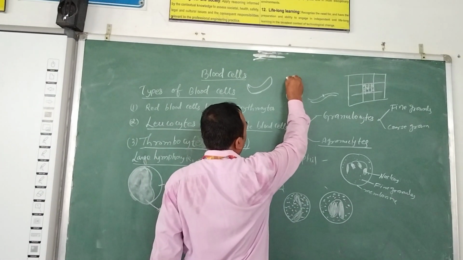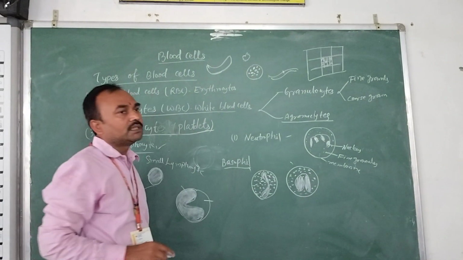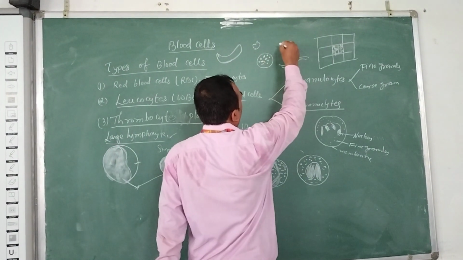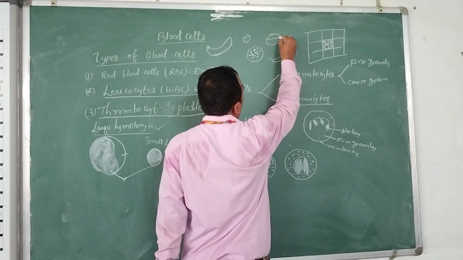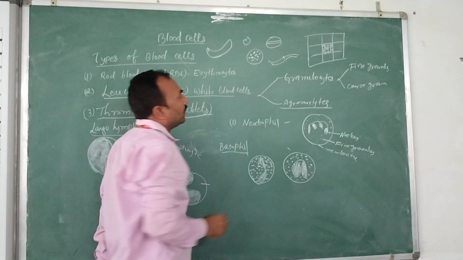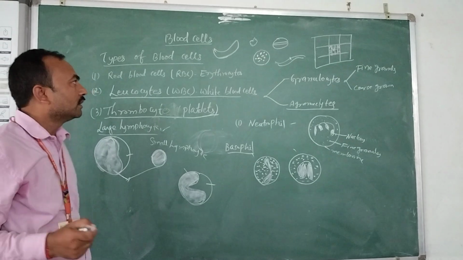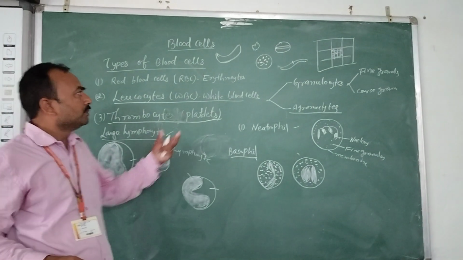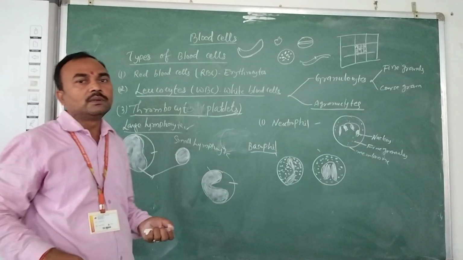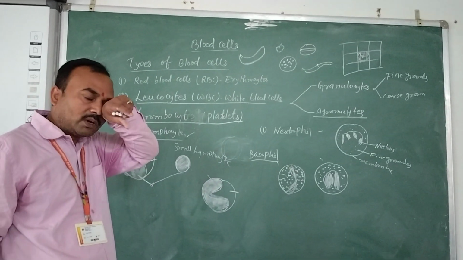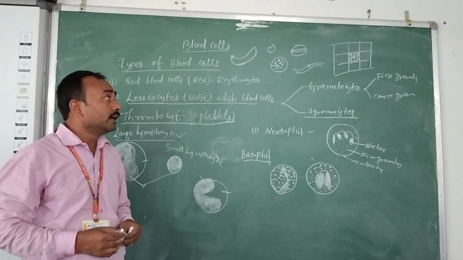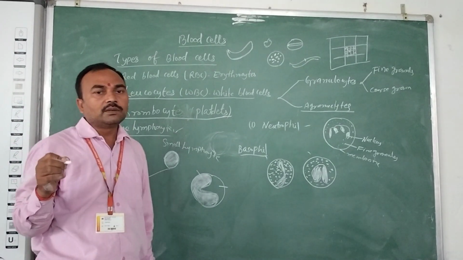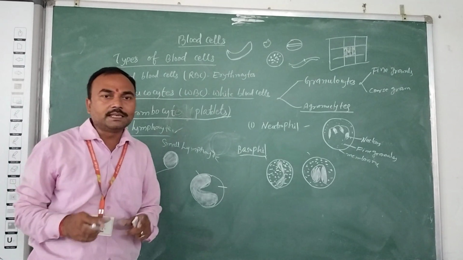Sometimes RBCs will be crenated. Sometimes RBCs look like moths, so traditionally we call them moth cells, where the central pallor is visible. What does that mean? When the hemoglobin level is too low, the RBC morphology automatically changes, and we can write a comment on it. Either the RBC size increases or decreases.